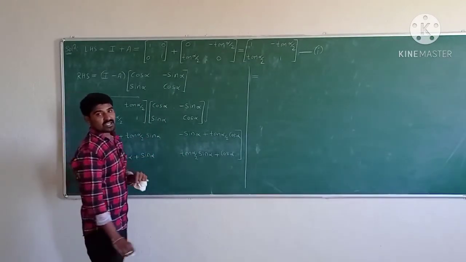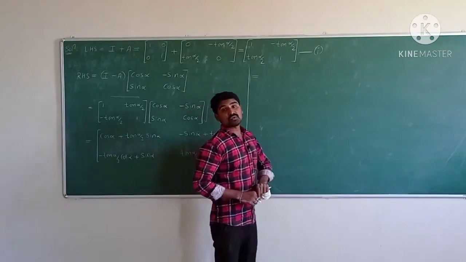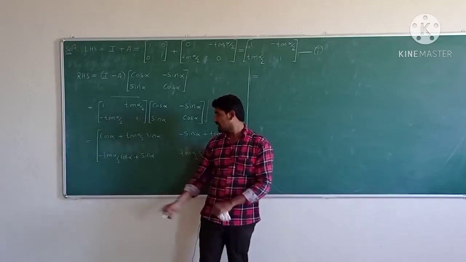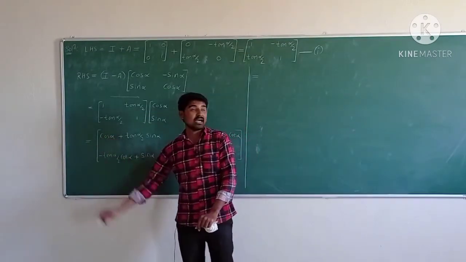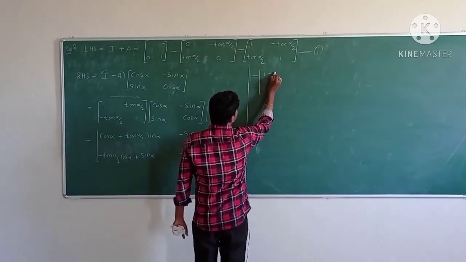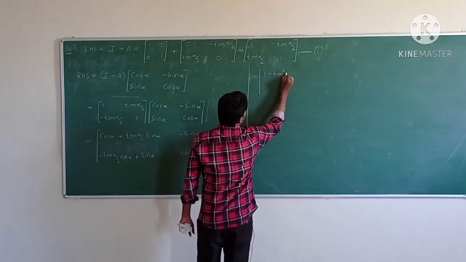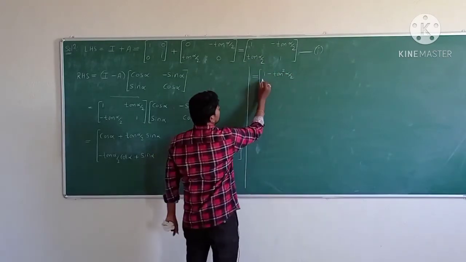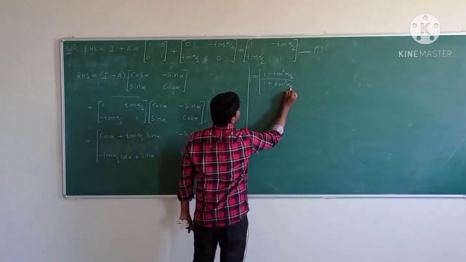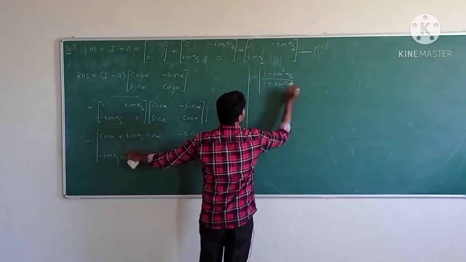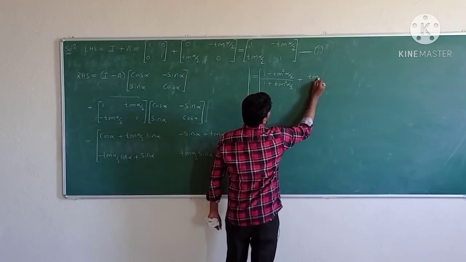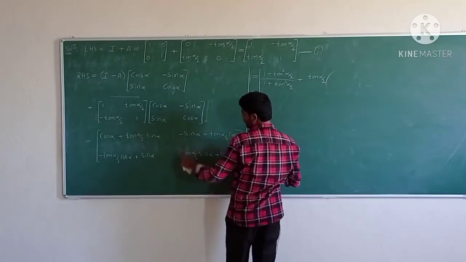So cos alpha, the formula is cos 2 theta is 1 minus tan square theta divided by 1 plus tan square theta. So cos alpha is 1 minus tan square alpha by 2 divided by 1 plus tan square alpha by 2, plus tan alpha by 2 as it is into sin alpha.